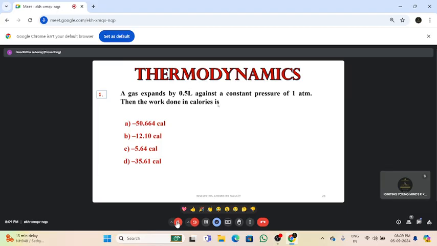No, ma'am. Okay, I'll tell you. The formula to calculate work done is: work done, represented by the alphabet W, is equal to pressure into change in volume.